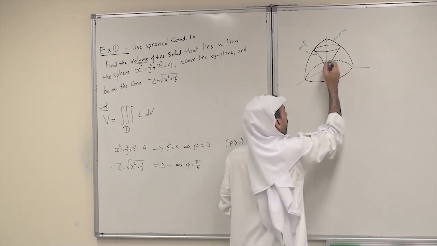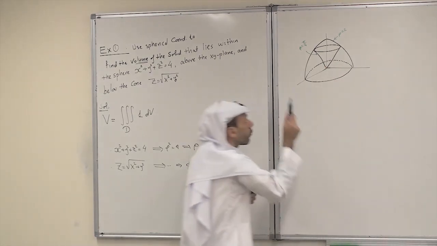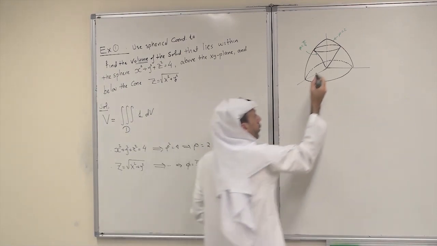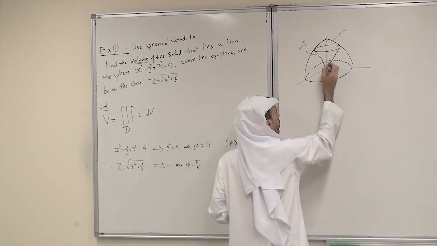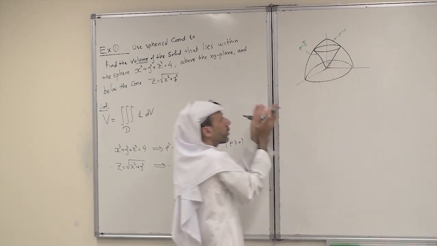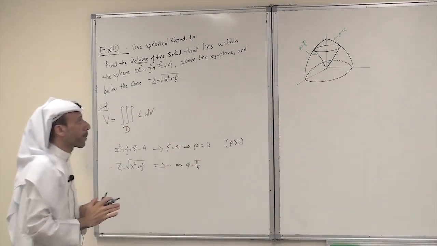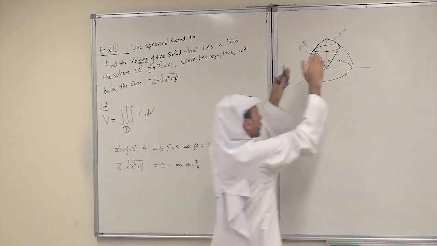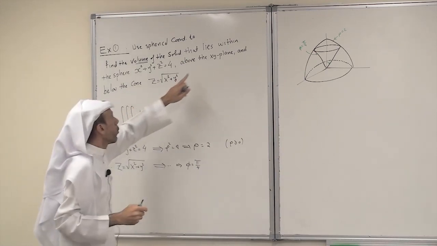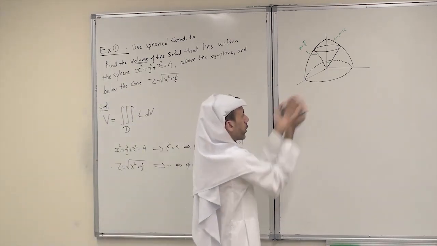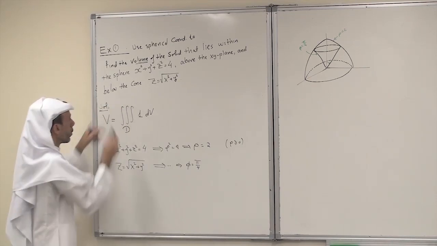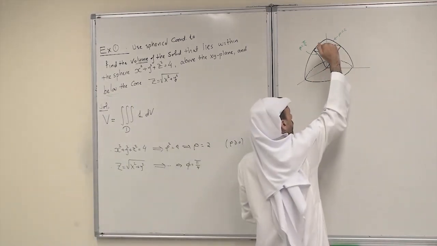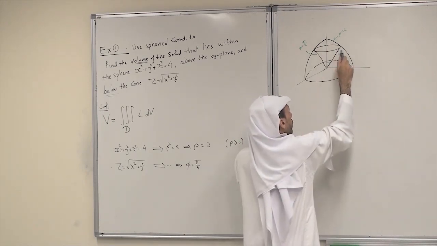So when I take the positive z axis and make a rotation of pi over 4, I will get this cone. What is my solid? The solid is inside the sphere, above the xy plane, and below the cone. So it is not inside; it is below it. So the solid will be this part.